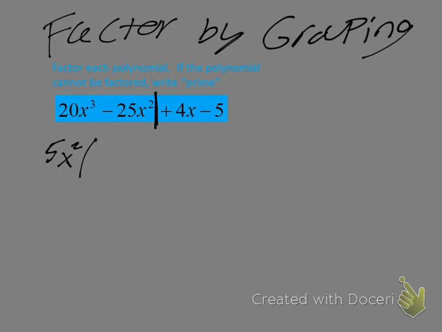Well, you've got to figure out this part yet, right? So what times 5x squared is going to give you 20x cubed? 4x. Minus, and then what times 5x squared will give you 25x squared? 5. And that's how you figure that part out.